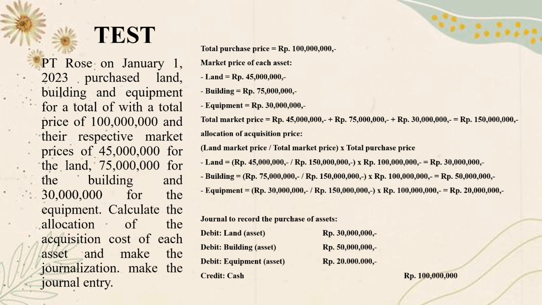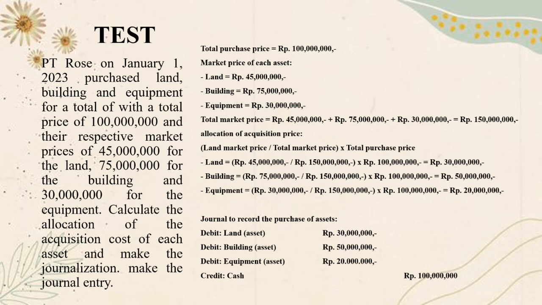For the allocation of the acquisition price, the formula is the asset's market price divided by the total market price, multiplied by the total purchase price. The result for land is 30 million, for the building 50 million, and for equipment 20 million.